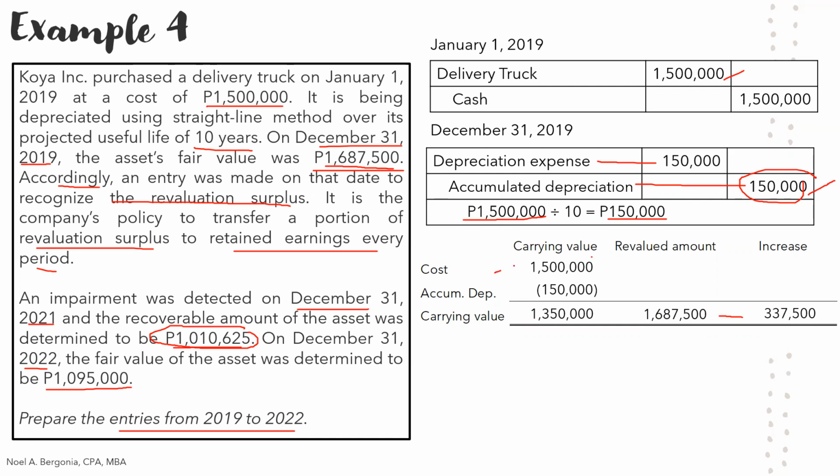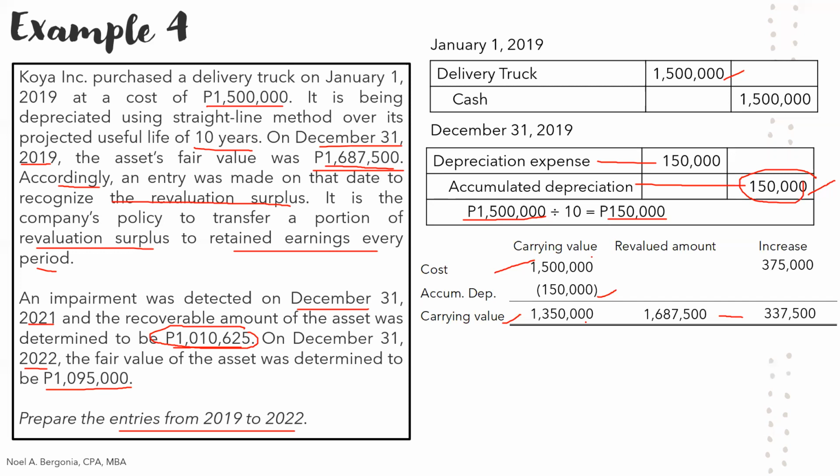So the cost is 1,500,000, then divide it with the 1,350,000, then yung nakuha nyo pong quotient, that would be 1.11, and so on, di ba? Times the increase na 337,500. Thus, the increase in our costs, proportionate to the increase in total, was 375,000. Then with regards to our accumulated depreciation, so your 150,000 divided by the 1,350,000.